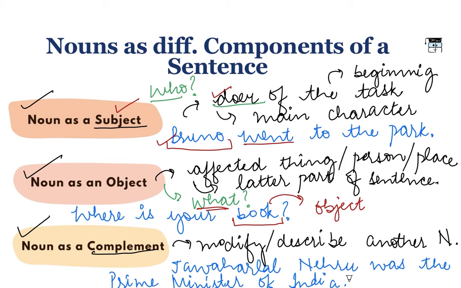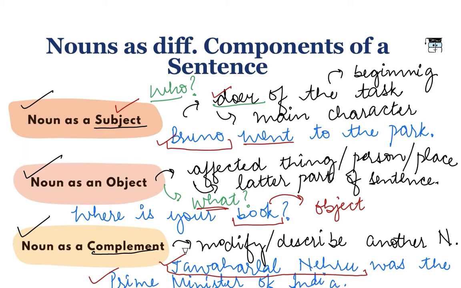Okay. Now, in this sentence, if I look carefully, Jawaharlal Nehru is a pronoun, right? And Prime Minister is another noun that acts like a complement to the pronoun here.